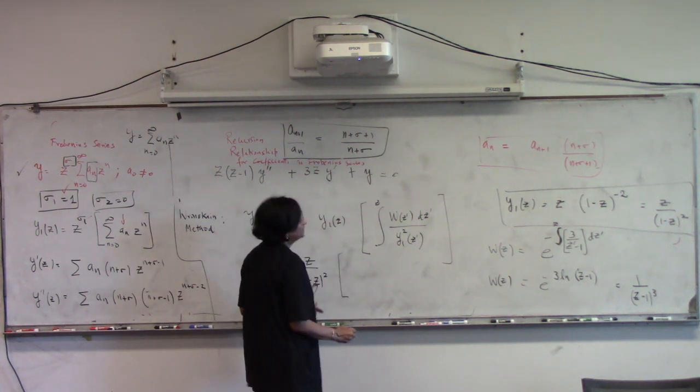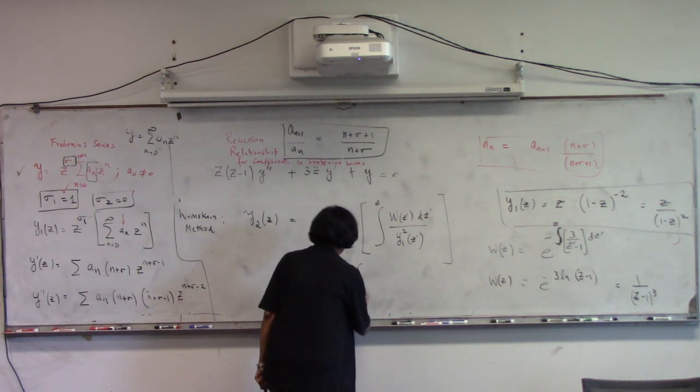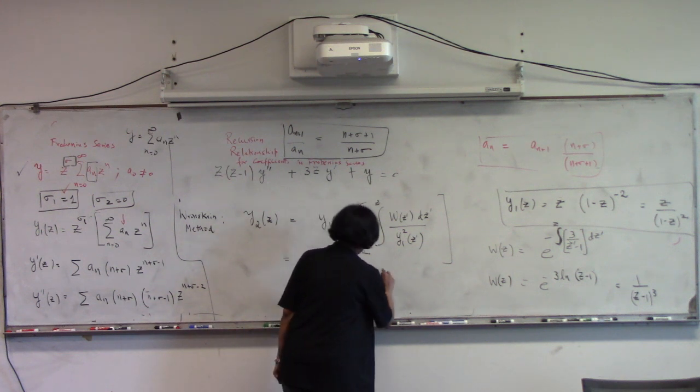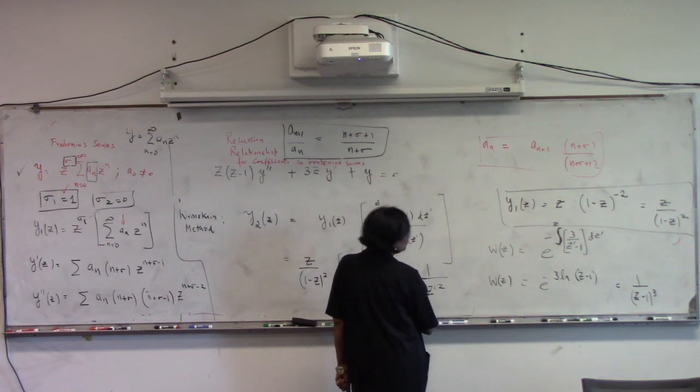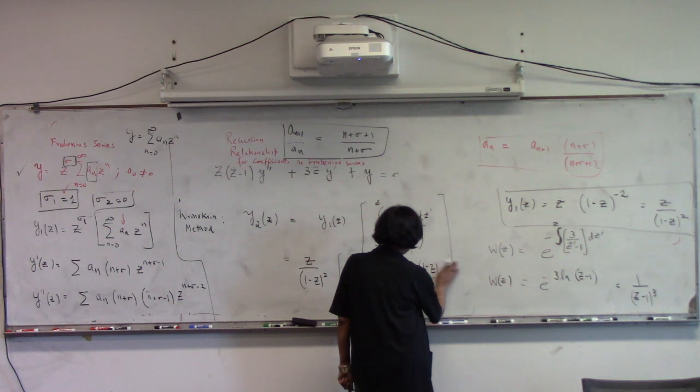And then I have y1 of z squared, which is z prime squared at this point, and 1 minus z prime squared, squared.